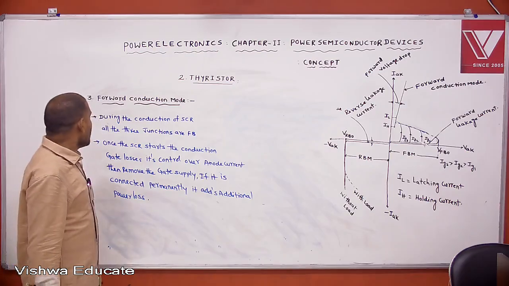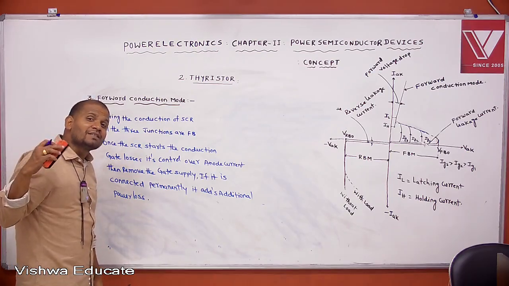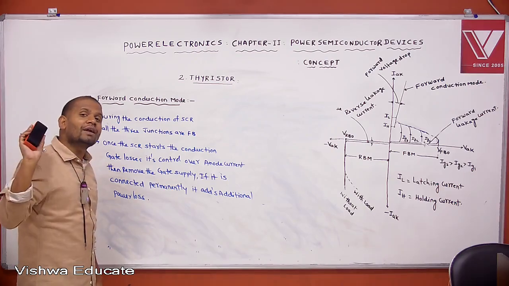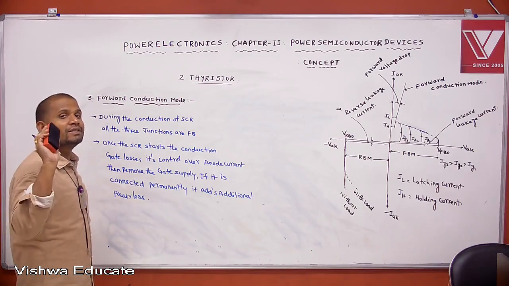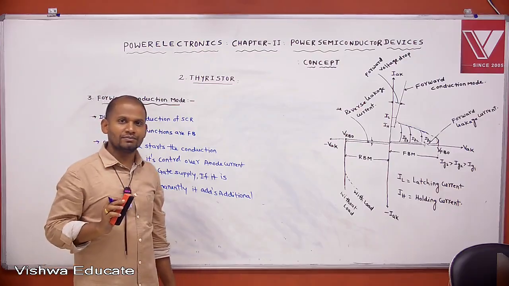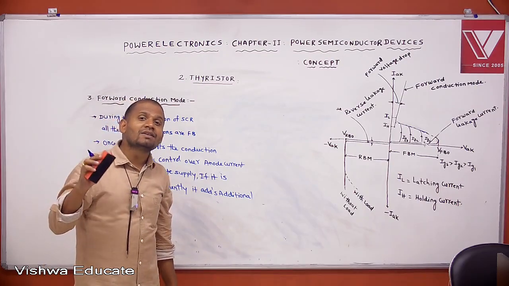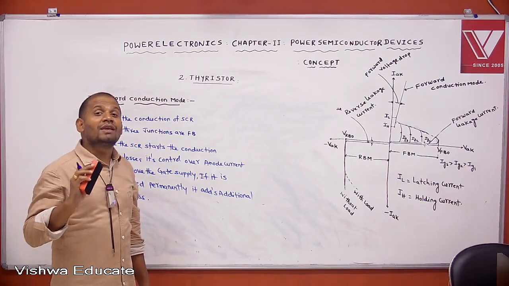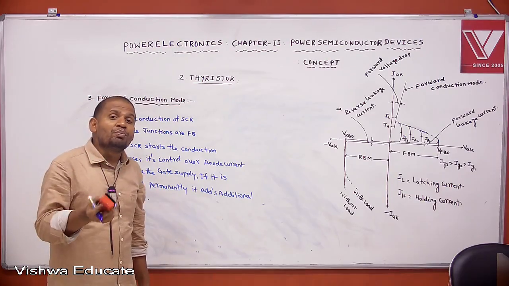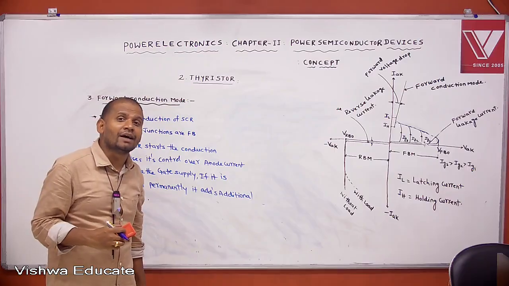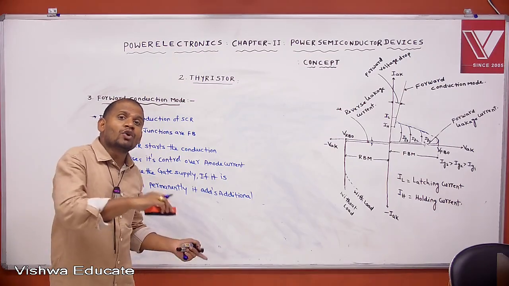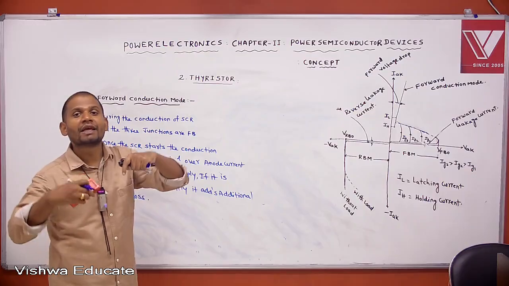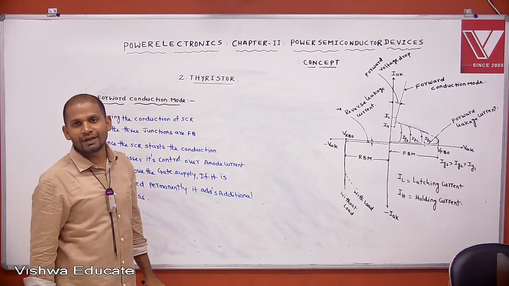But at the time of removing the gate supply, the anode current through the SCR must reach a minimum value of current. That current is called latching current. If the gate supply is removed before reaching the latching current, then SCR automatically comes into forward blocking mode. It cannot enter into forward conduction mode.